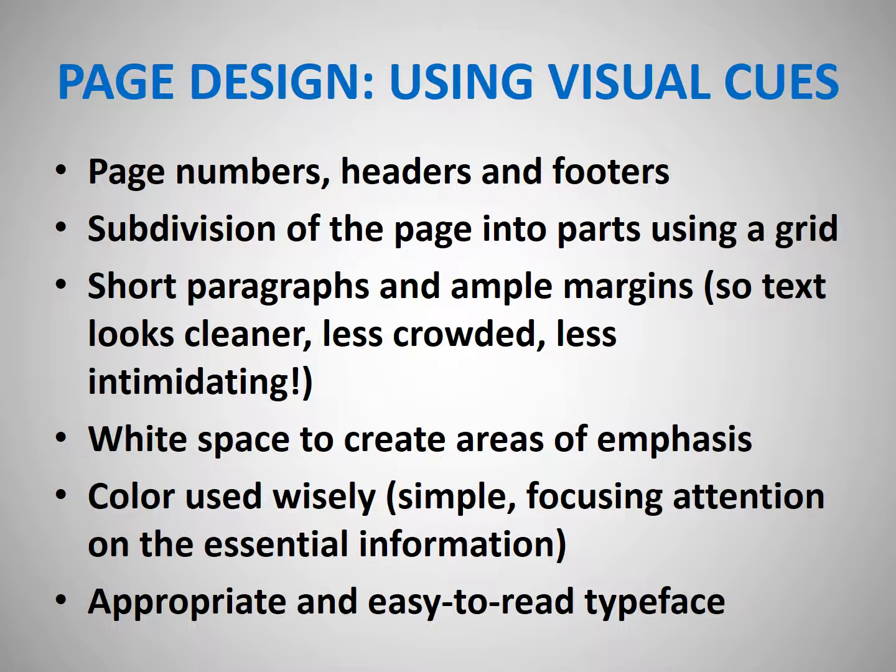So you're actually creating more white space around those paragraphs than around the rest of your paragraphs. All right? So the reader will notice that right away. Oh, there's something different here. There's more space here. It's indented. What's going on here? Yeah, you're focusing your reader's attention on something that you think is important.